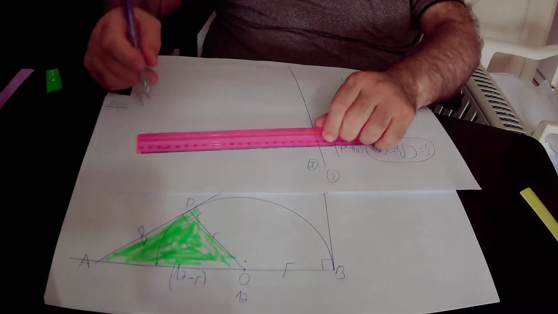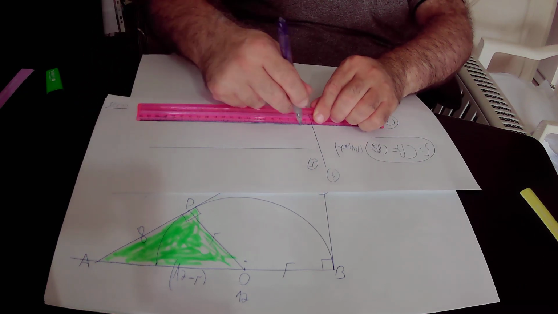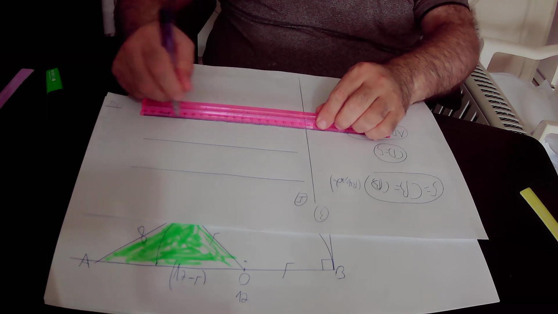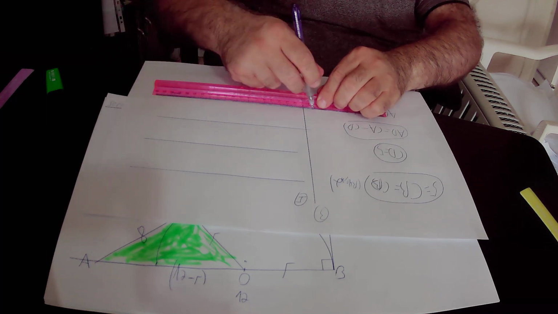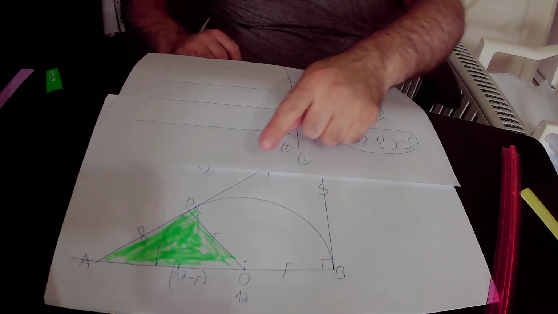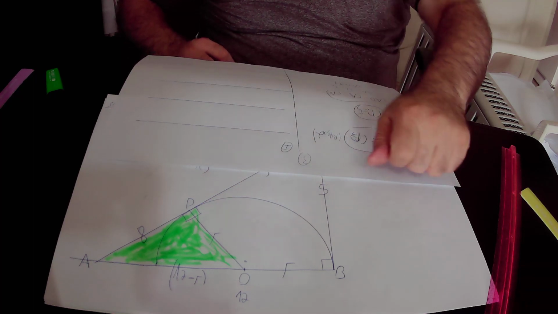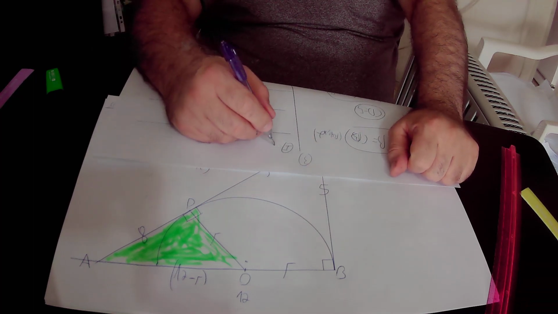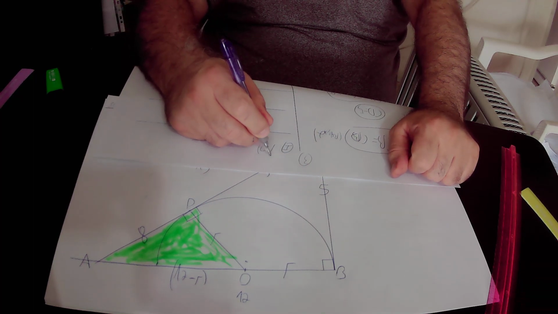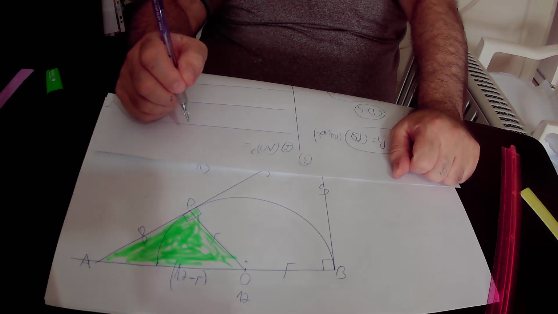The hypotenuse in the green triangle is AO because it is in front of the right angle. So the square of the hypotenuse is AO square, and it equals the sum of the squares of the perpendiculars.